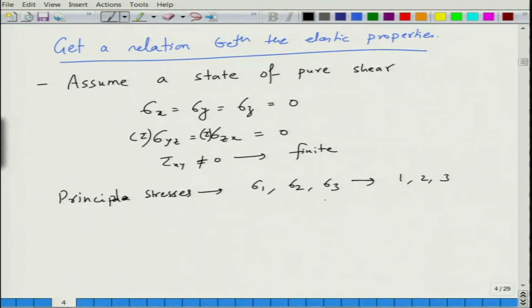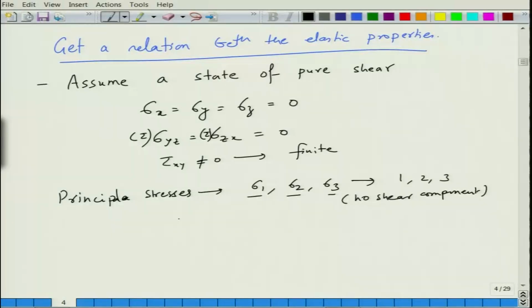I forgot to mention earlier that this principal stress concept basically relies on the choice of axes 1, 2, 3 in such a manner that you only have sigma 1, sigma 2, sigma 3 without any shear component. So, sigma 1, sigma 2, sigma 3 are again normal stresses chosen on an axis system 1, 2, 3 in such a manner that there is no shear component and only the normal component remains.